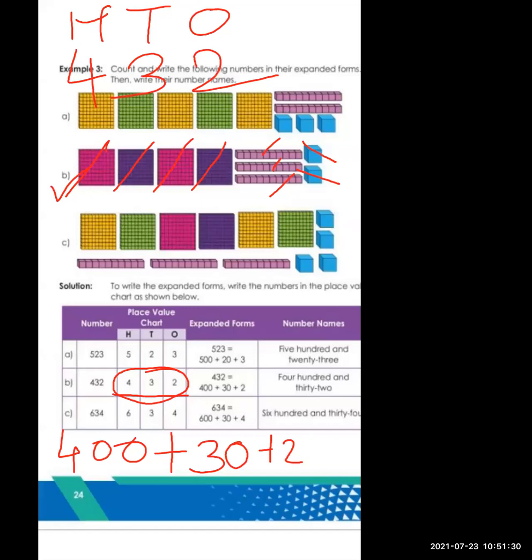Then we will get the number 432. And how can we write in words? इसको words में कैसे लिखेंगे? Four hundred thirty-two. समझ में आया?